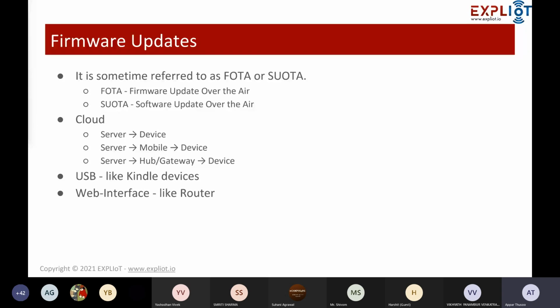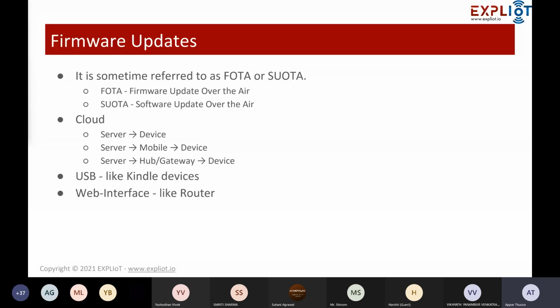The device manufacturer has the private key, and the device, while being burned with the firmware, is also burned with the public key of the same pair. While sending updates, the manufacturer signs the firmware with the private key, and on the device the public key verifies it and loads it onto the device. This is how a firmware update works while the cloud or server is directly interacting with the device.